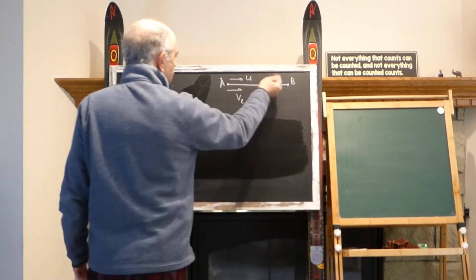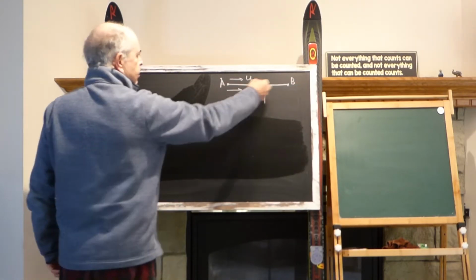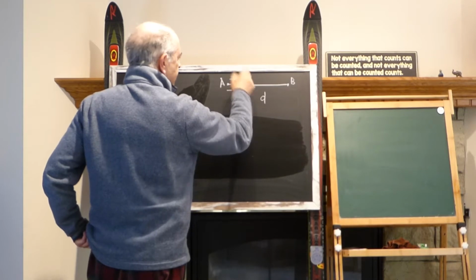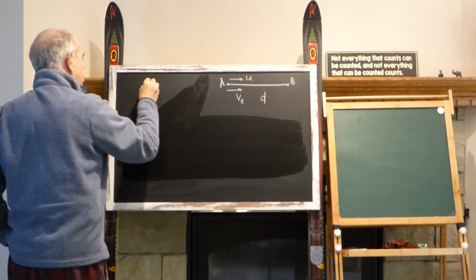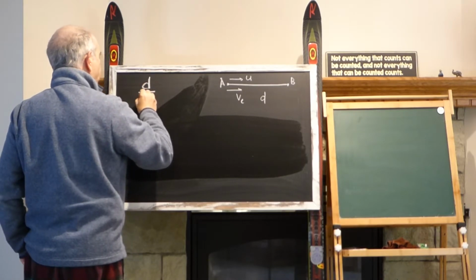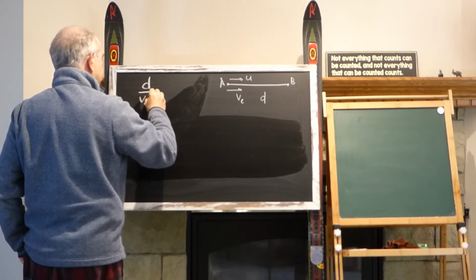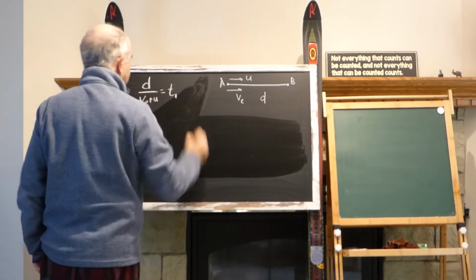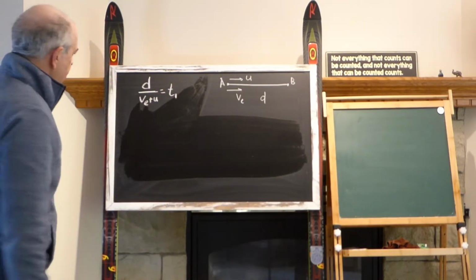So, when we're going the first way, our speed is V escalator plus U. So, all we can tell is that D divided by V escalator plus U equals T1. Very nice.